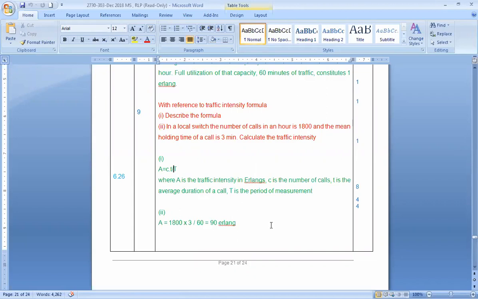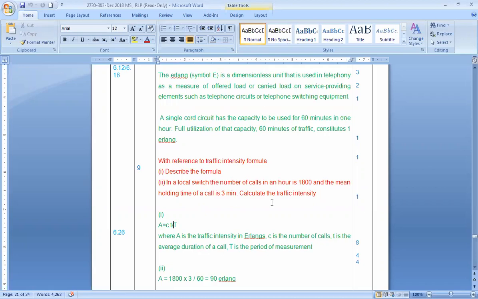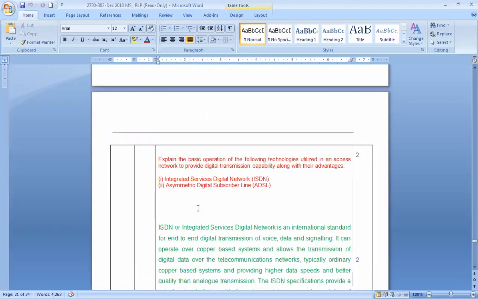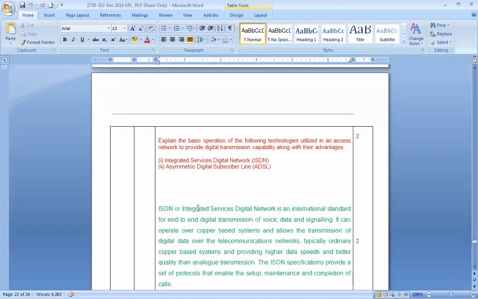So based on all these calculations, it will help us understand how much traffic intensity the network is handling. And based on the feedback, we will be able to manipulate the way the network operates.